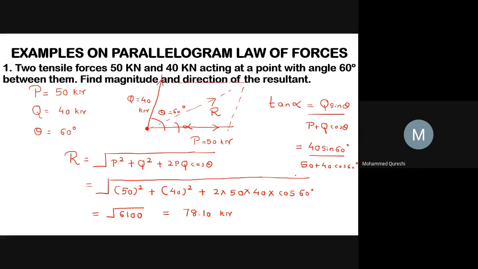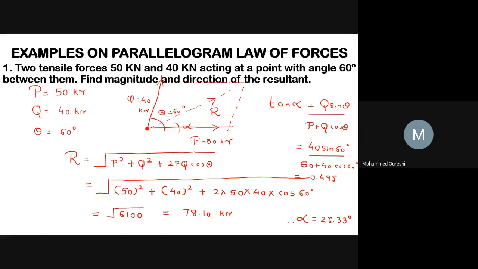After solving the numerator as well as the denominator, we get the value of tan alpha as 0.595. And then finally, we get the value of alpha as 26.33 degree.